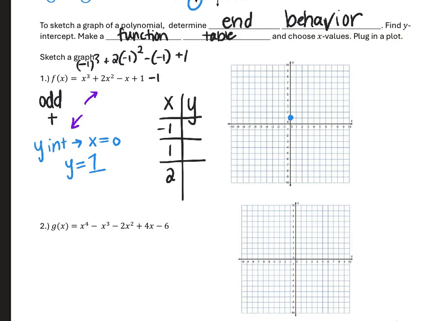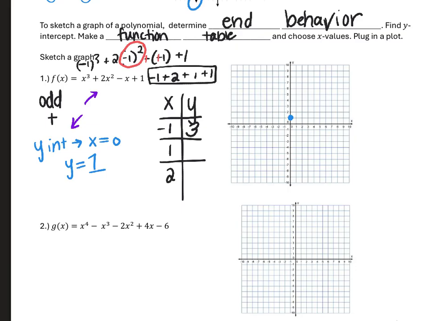When you do this, be super careful. Order of operations, you must do this first. What is -1 squared? +1. And then +1 times 2 is 2. Do not do 2 times -1 and square it. You'll get the wrong answer. Then we have minus a -1, which turns into +1, plus our +1 at the end. If we do all of this, 1 plus 1 plus 1 is 3.